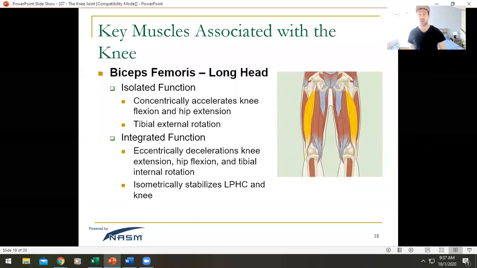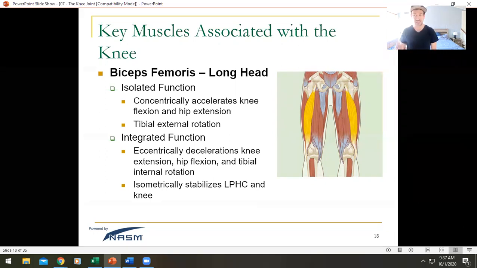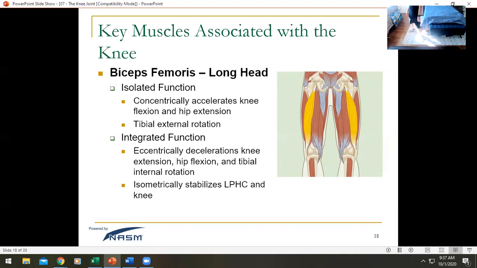Your knee actually unlocks at one point. Right now, stand up and stand on one leg and try to, from the knee down, externally rotate your foot. So stand on one leg and try to rotate your foot away from you with a straight leg.